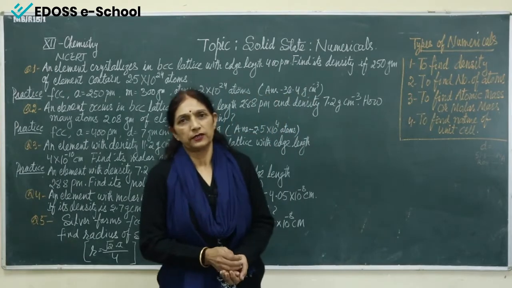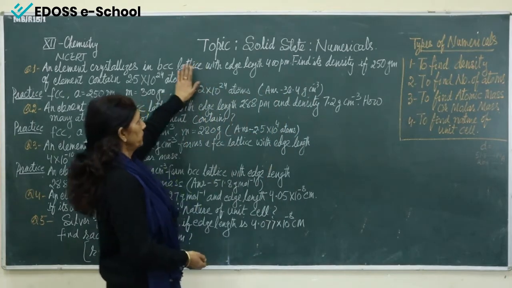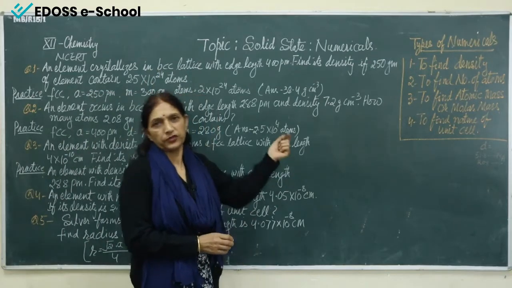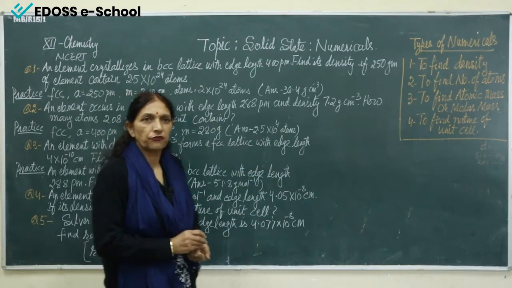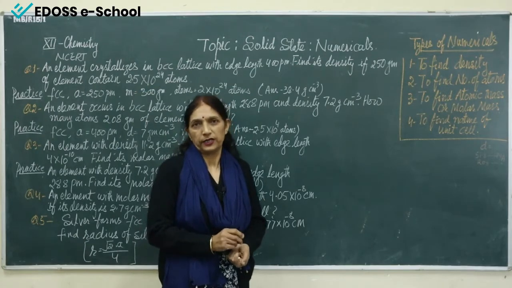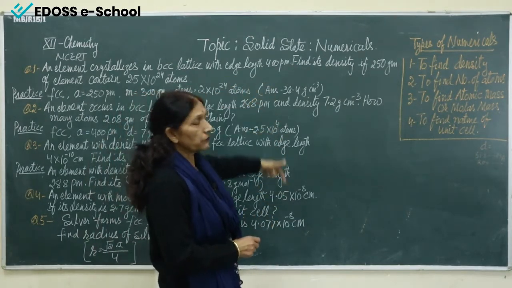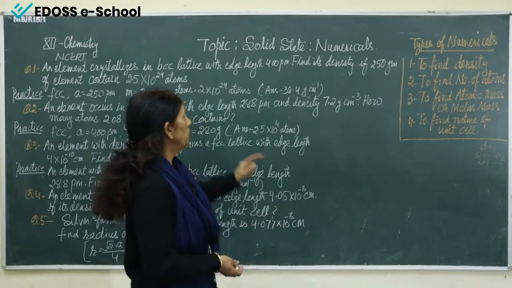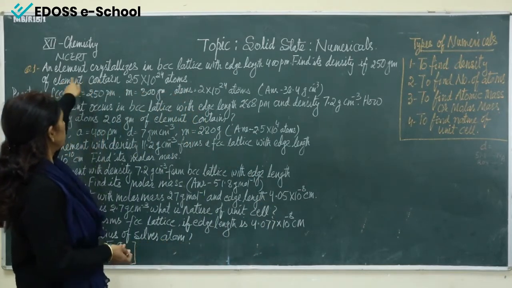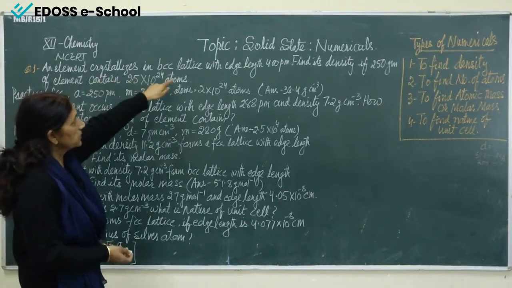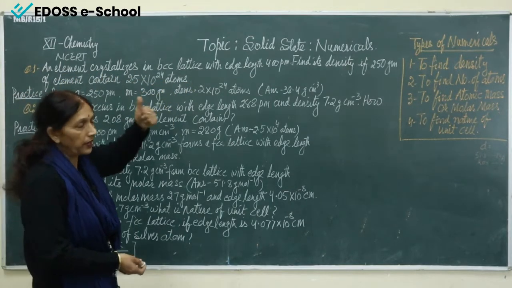So this is a numerical and we have to solve it. First of all, whatever is given to you, we have to mention it. This is the easiest way to attempt the numerical. All these numericals are taken from the board examination. First, let me make it clear what is given and what we have to find.